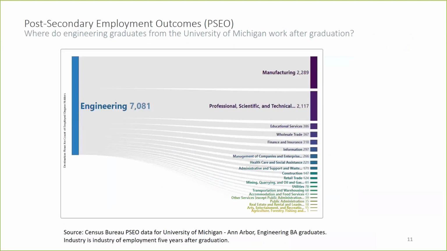Some of them go into other fields, but a much smaller share, as opposed to these two major fields, which for Michigan and Ann Arbor, obviously their engineering majors are known for, to be employed in these fields. So that's a large share, more than half of graduates in engineering, end up in these two industry sectors 5 years after graduation. So that's really interesting to look at.